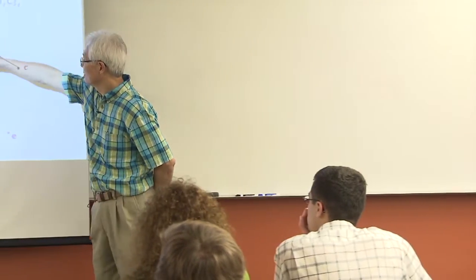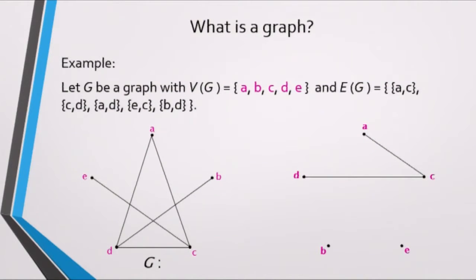A and C, C and D, AD. As far as the graph goes, they are identical. We call that isomorphic. But it's simply drawn differently.